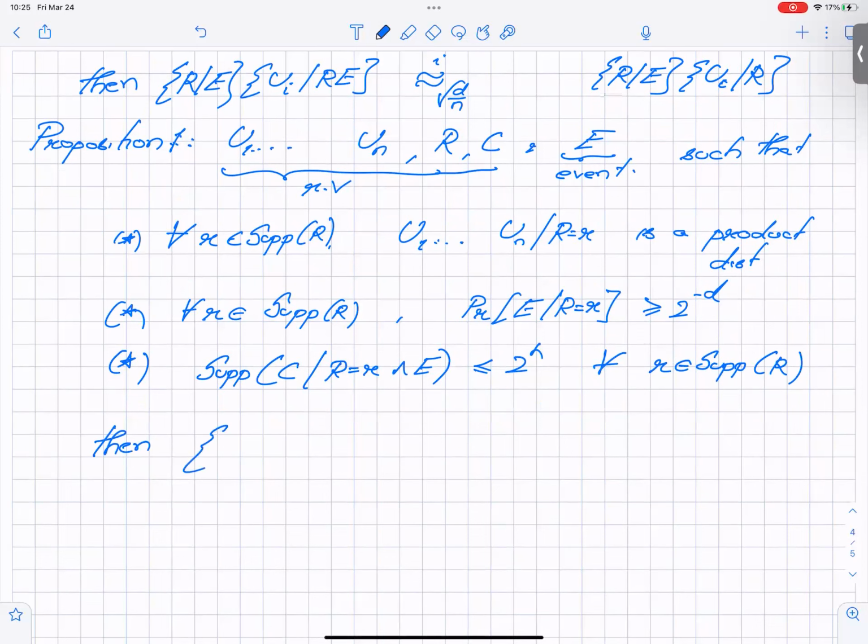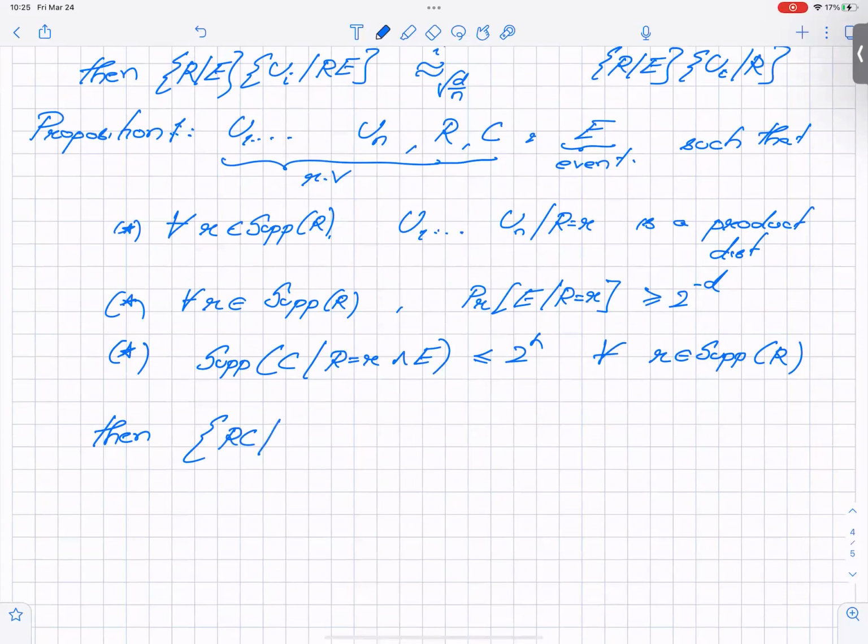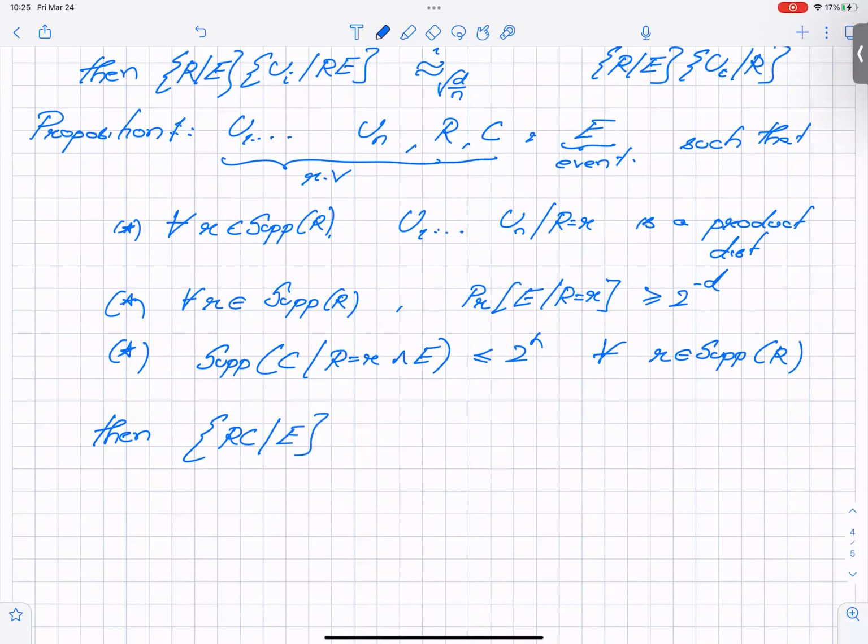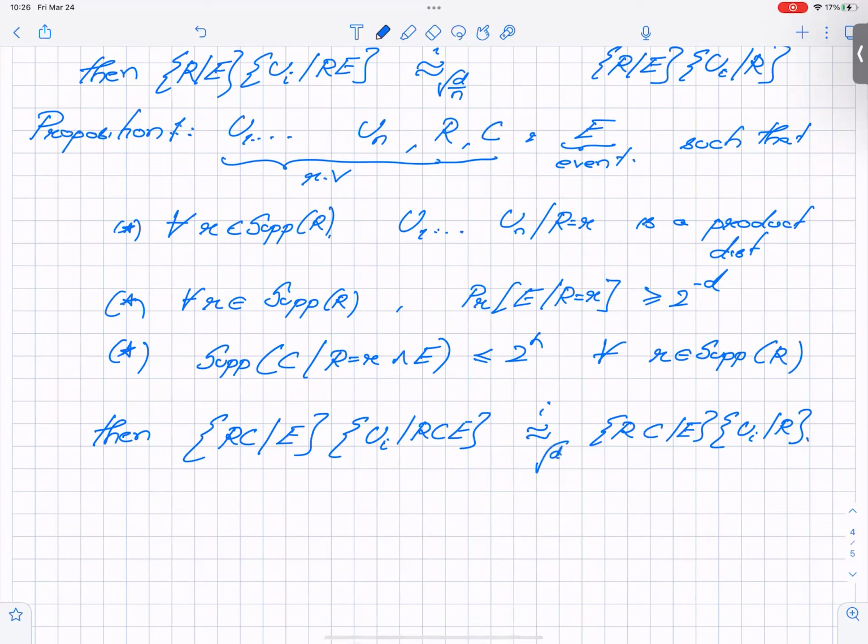I'm going to pick first RC from E, and then UI from RC and E. So that's just picking UI, RC, all of them according to the event E. And I claim this is the same as first picking RC from E, and then ignoring C and E when picking UI. So this random choice will be just root D plus H by N.